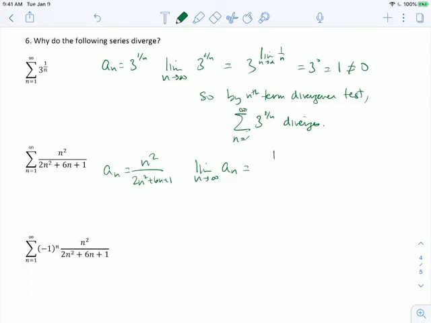If I divide by n squared in both numerator and denominator, my limit is 1/2, which is not equal to 0, so the series diverges by the nth term divergence test.